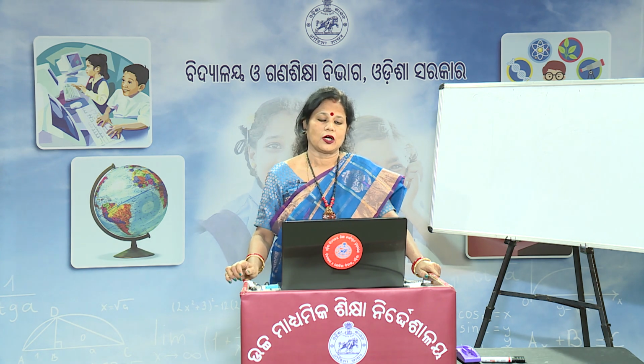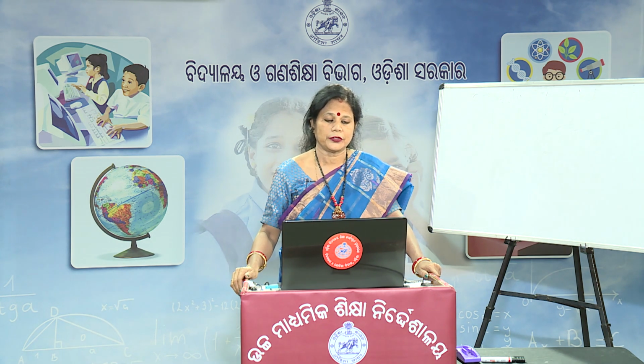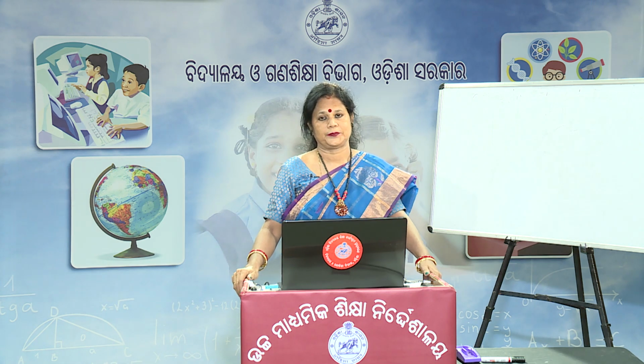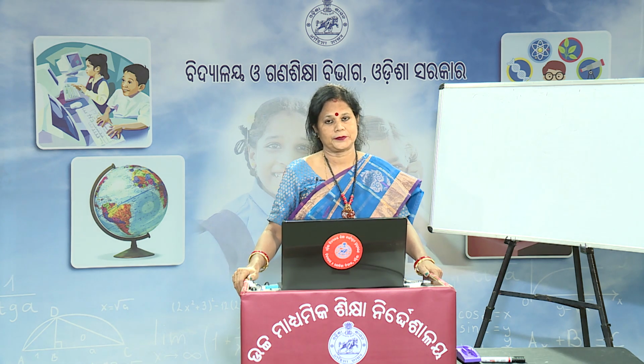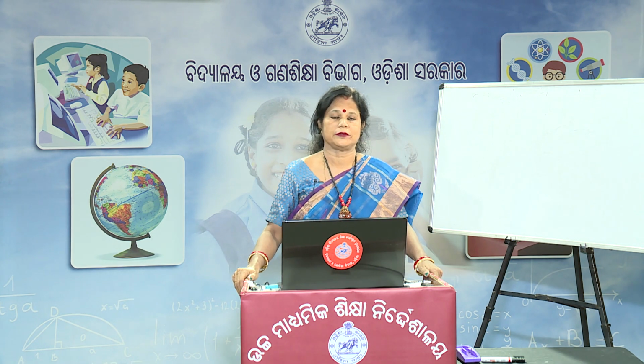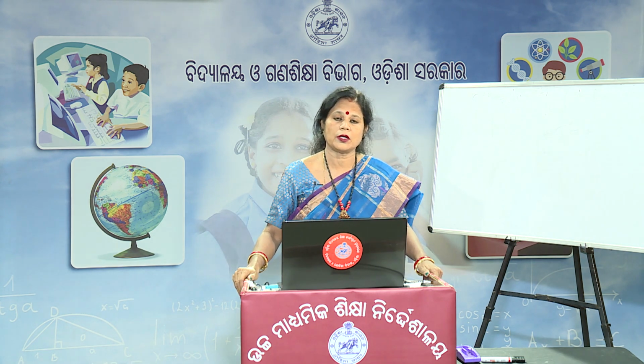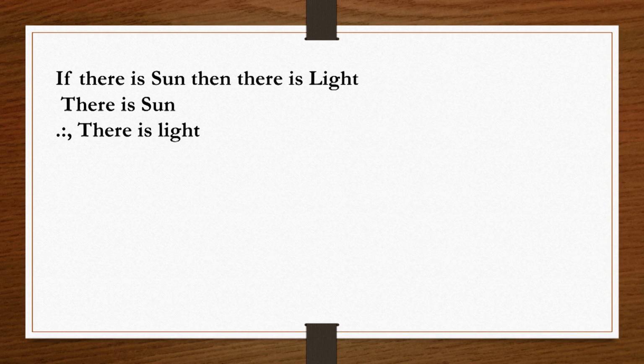And the logical relation between the two premises is possible because of the logical form of the proposition. Okay? So, dekho, if there is sun, then there is light. Ethi there is sun is one proposition, there is light is another proposition.